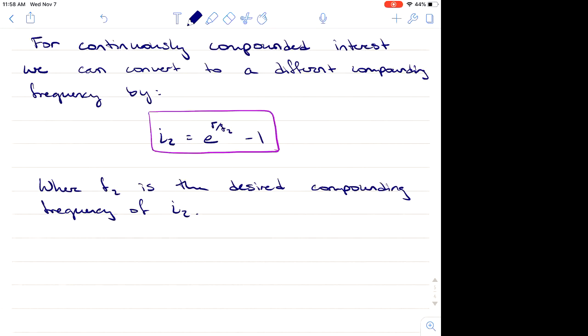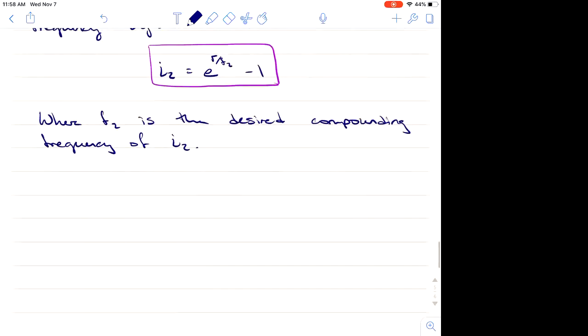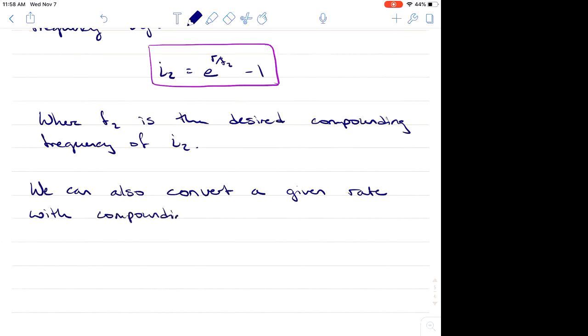This is going to convert some rate to a continuously compounded rate. We can also convert a given rate with compounding frequency F1.